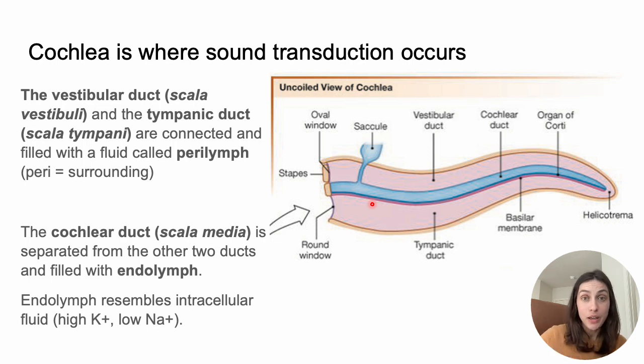The space in between is extracellular space, but the composition of the endolymph really resembles intracellular fluid. So it's really high in potassium and low in sodium. It's not exactly like intracellular fluid, but it is similar. So that is a strange thing for the inner ear in comparison to every other place we have learned.